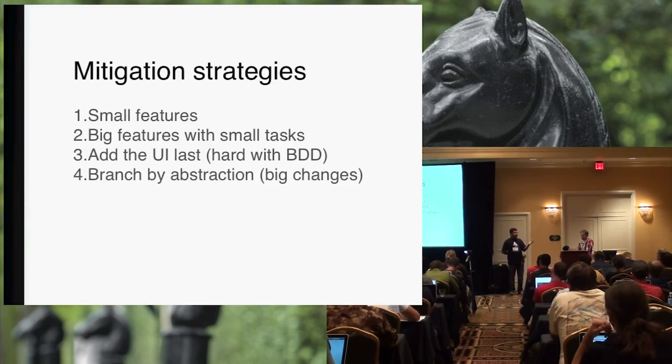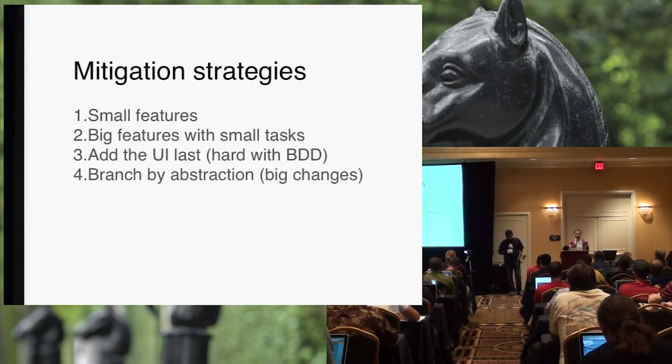Finally, branch by abstraction. Branch by abstraction is the notion that you can insert an abstraction layer between the pieces of your application. Gosh, how to explain that? We should have had a diagram for that because that requires a diagram.